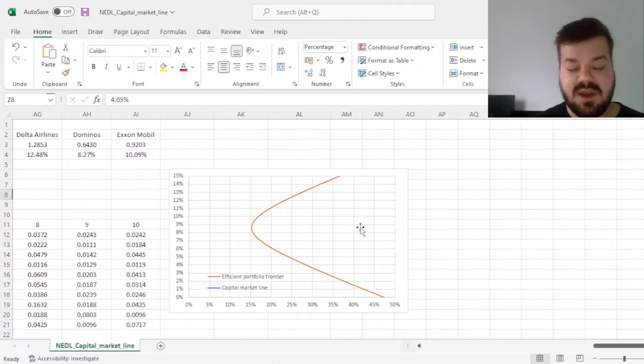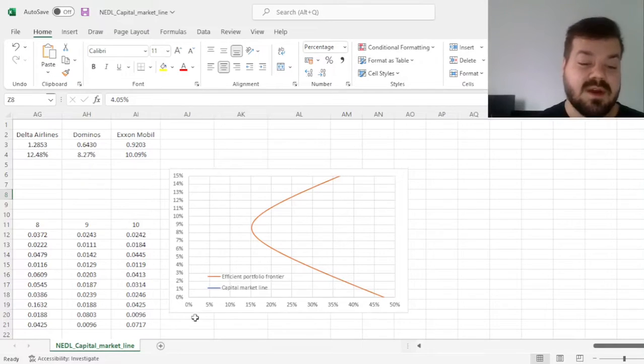But if we introduce a risk-free asset, then we can combine or mix, in terms of allocations, our risk-free asset, that would have a risk of 0, so it would be somewhere here on the y-axis, and a return of 4.05%, with any feasible portfolio we have got in our hands, so with any portfolio on or within the frontier.